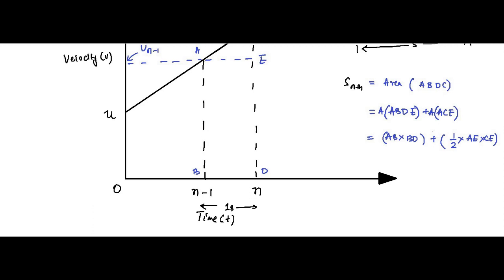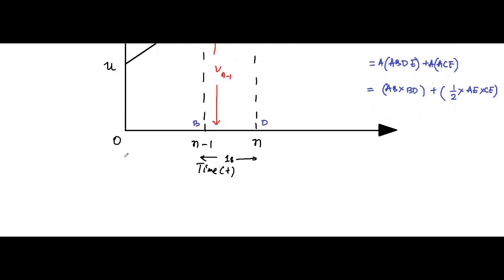Let me highlight it here, this V(n-1), the final velocity at the end of n-1 seconds, this point. So AB is equal to V(n-1), and BD is nothing but the time gap, 1 second. BD is equal to 1 second.